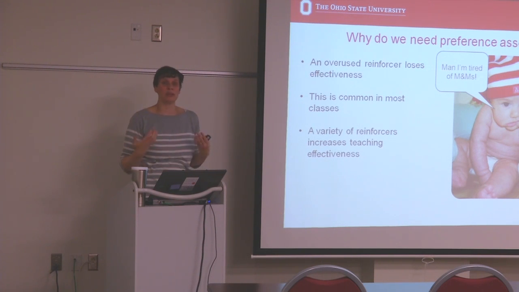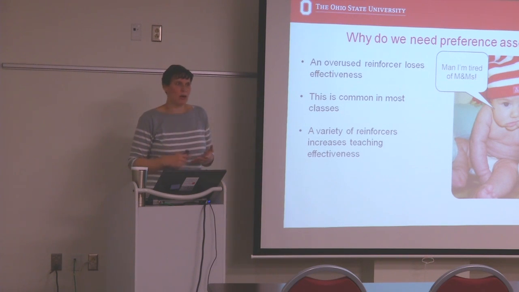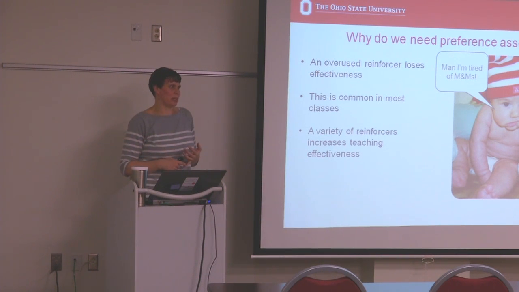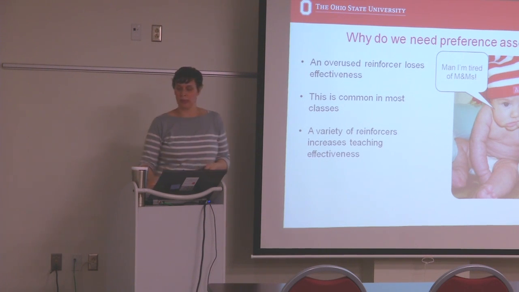And so we are losing power as instructors because we're not identifying new things, right? What we know about teaching kids who have significant disabilities is that the more variety we have in the things we use to reinforce their behavior, the more effective we are in our instruction. Okay, we're going to teach faster, and we're going to teach more if we're using a variety of reinforcers. Okay?